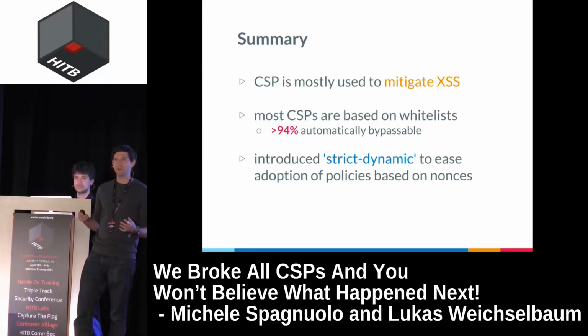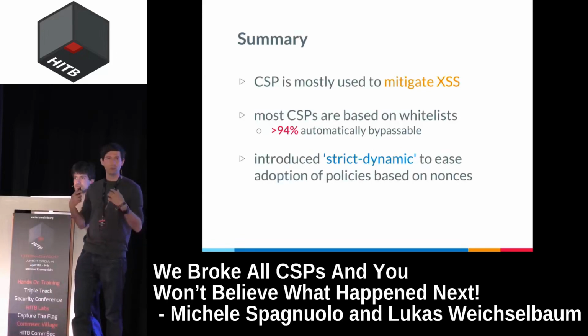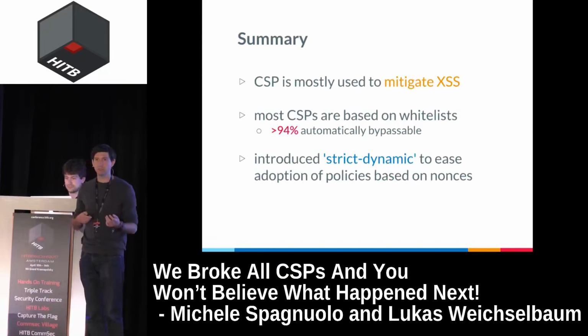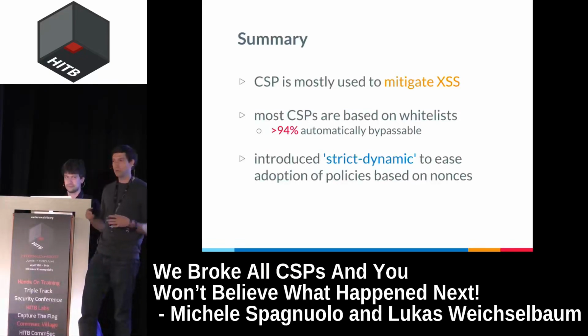It takes a lot of time to come up with a whitelist-based policy, to refactor your application to make it work, and then you're actually not getting a lot of benefit. So we propose to use nonce-based policies instead of whitelist-based policies because they can offer significantly more security guarantees.